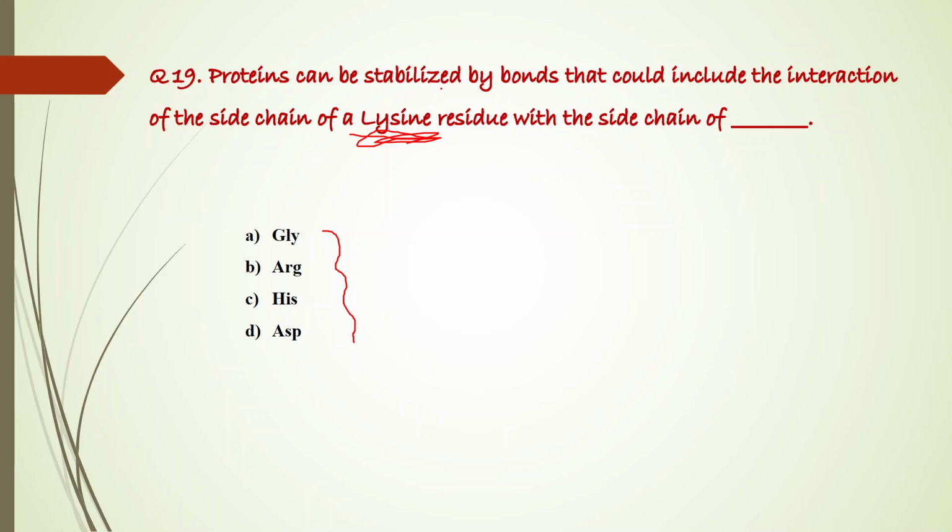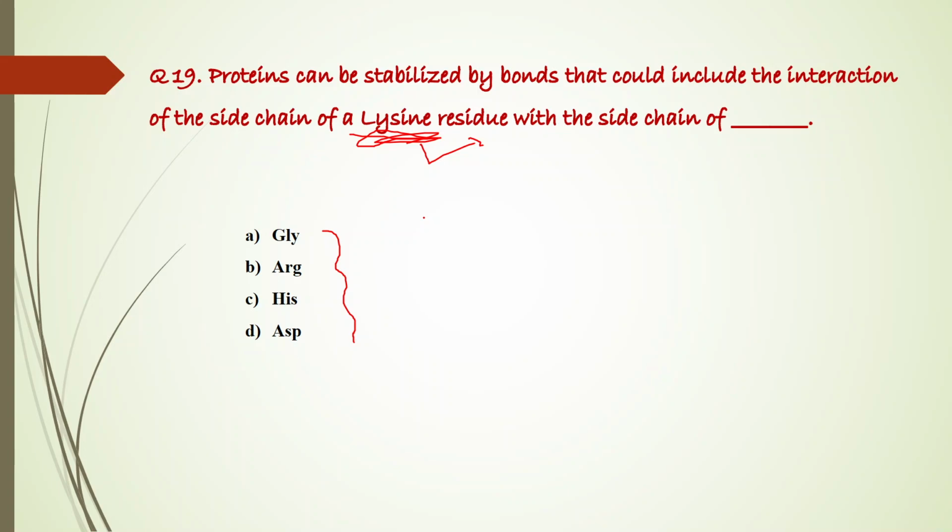I have the options. I think all of you understand it correctly. Thank you for answering. So obviously the main thing that you have to identify here is that lysine is a basic amino acid.